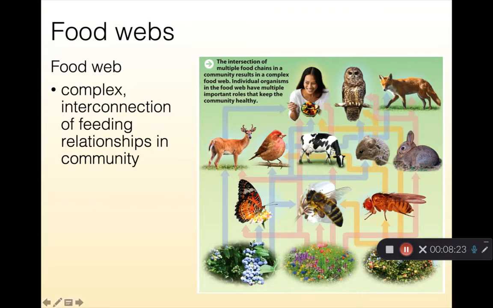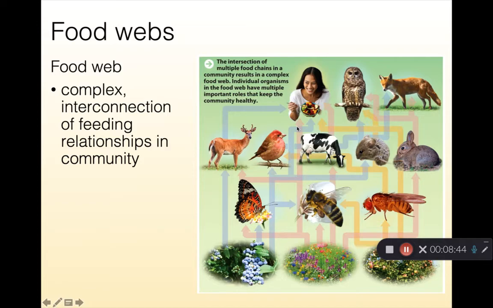So we have butterflies, which can then be consumed by higher level predators such as birds. And you see how, again, the honeybee is at the center of this food web, because if you remove honeybees, you can see all the downstream effects that occur when honeybees are removed from this complex food web.